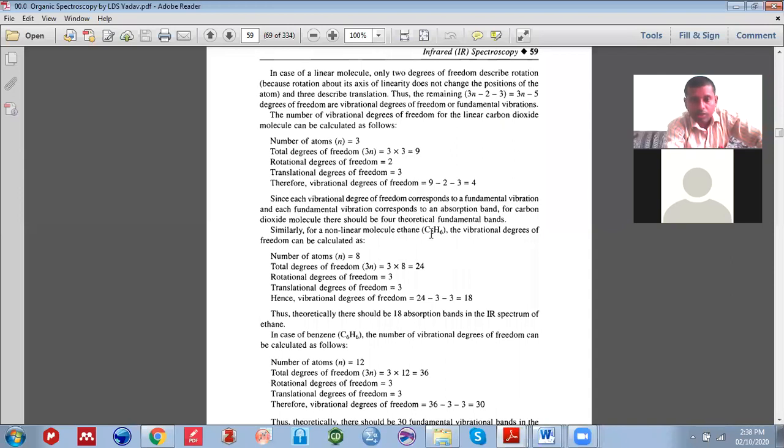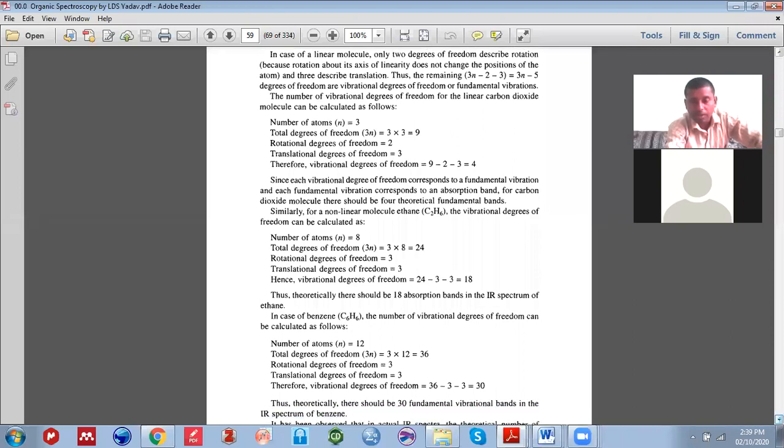Next, the ethylene molecule is a non-linear molecule. For a non-linear molecule, the formula is 3n minus 6. In ethylene, C2H4, the total number of atoms is 6, so 3 into 6 is 18 minus 6, that is 12. Similarly, benzene is 3n minus 6.